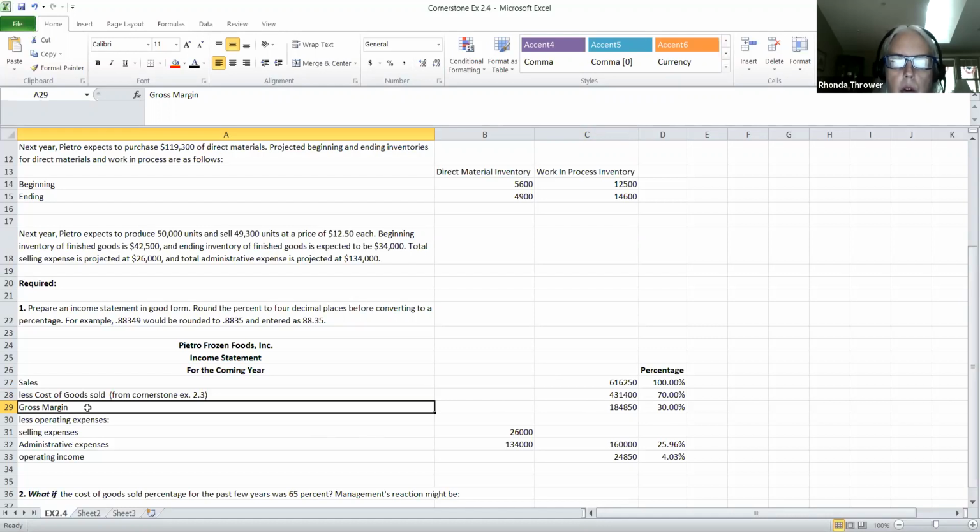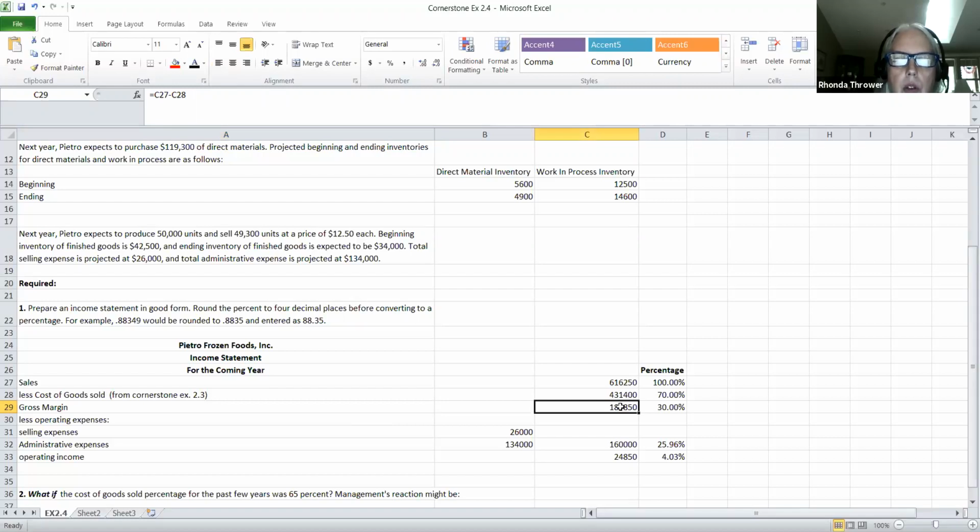So gross margin or gross profit can be used interchangeably. The gross margin is the difference between your sales and your cost of goods sold. It's what you have available to cover your operating expenses.